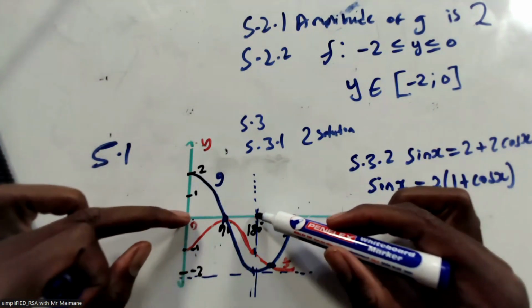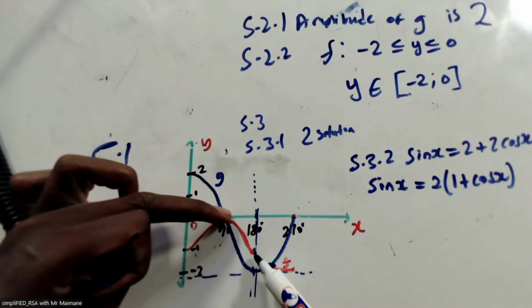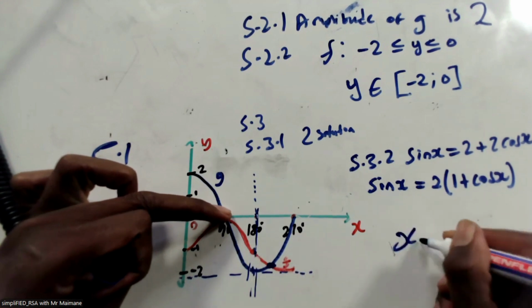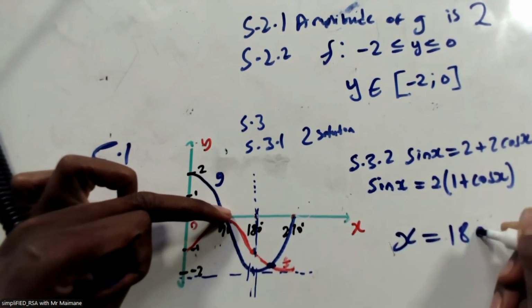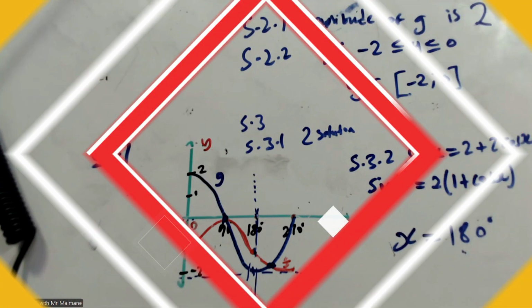Now we are looking at the solution in the interval 0 to 180 degrees. So looking at this, that's when we can say x equals 180 degrees is the solution for this case, because sine of 180 is 0, and also cos of 180 is -1. So the solution for 5.3.2 is going to be 180 degrees.